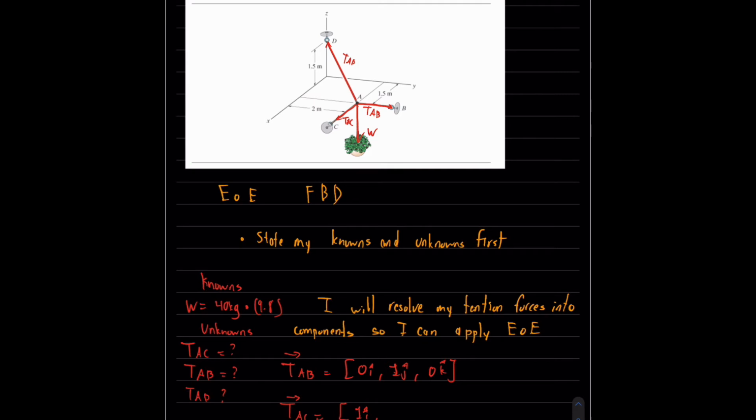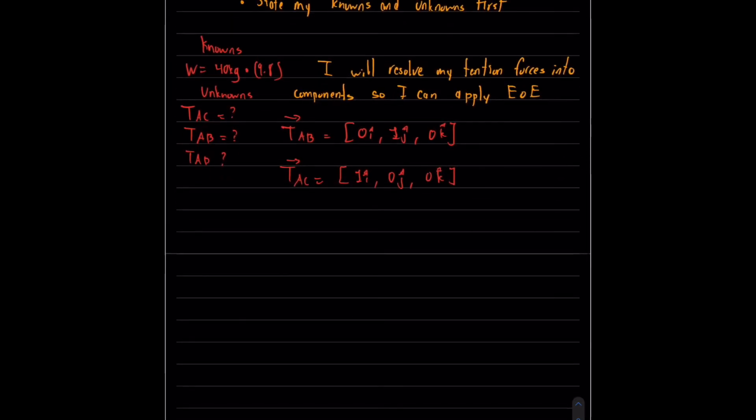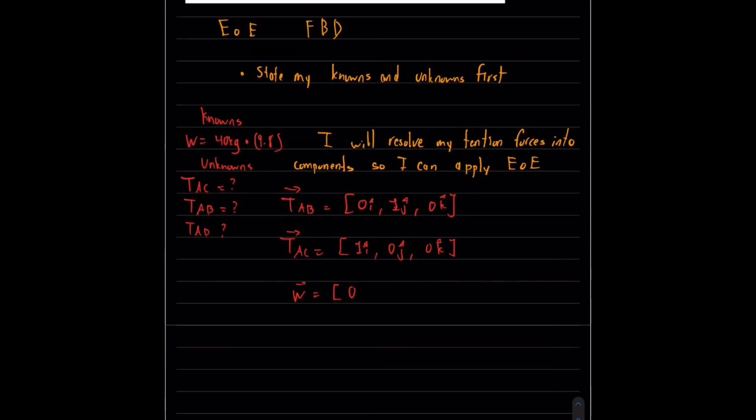Okay, 1 in the i direction, 0 in the j direction, and 0 in the k direction. And as for the weight, it is only existing in the z direction, so the weight gets the same treatment: 0 in the i, 0 in the j direction and 1 in the k direction.